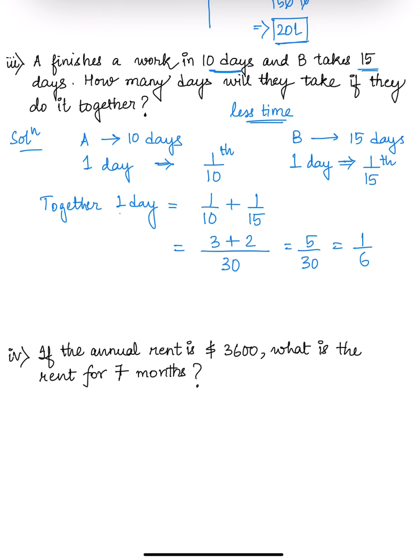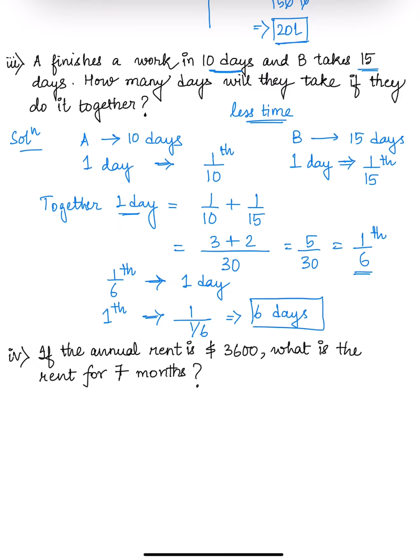So in 1 day, they can complete 1/6 of the work, right? So the whole work can be completed in 1 divided by 1/6, so that is 6 days. The correct answer is 6 days, and they'll obviously require less time if they are working together.